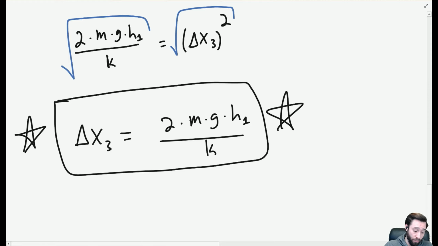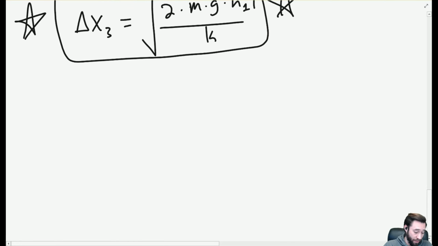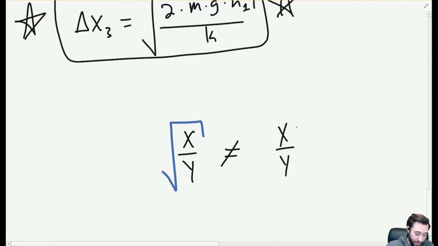I don't know where the disconnect is, but I have had students in the past who think that this is the same thing as that. And obviously it's not.